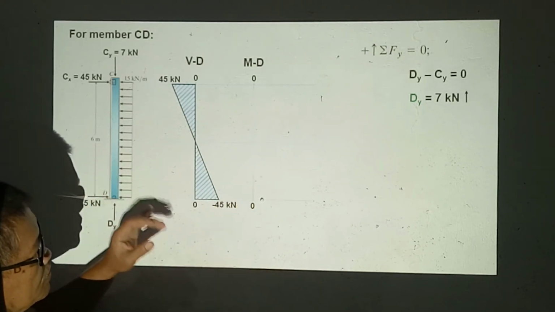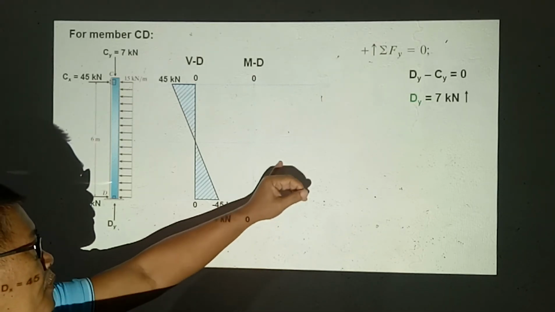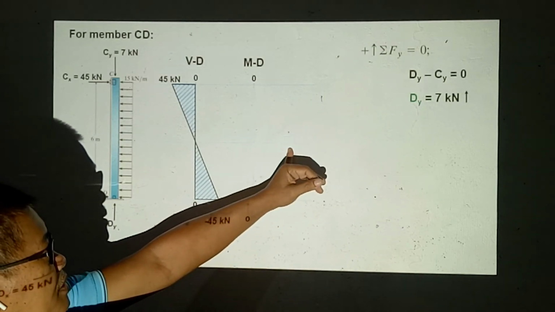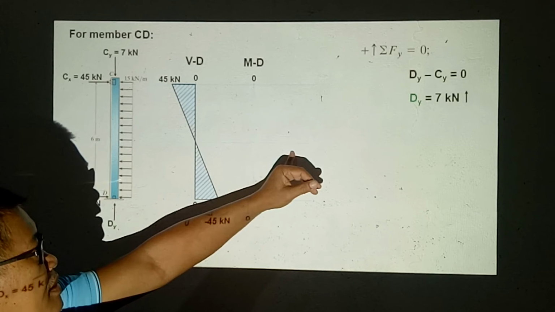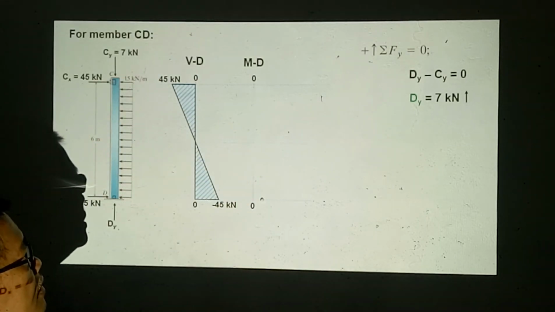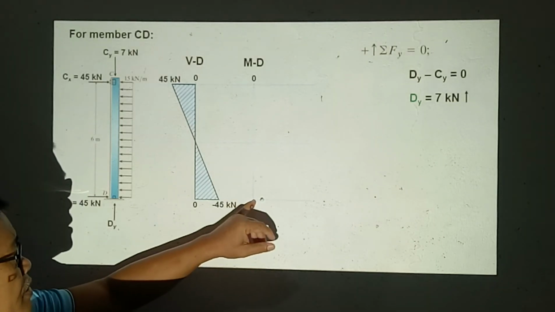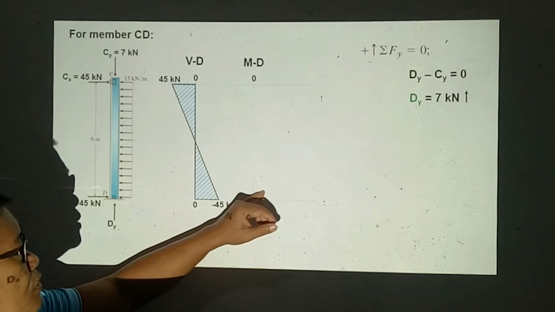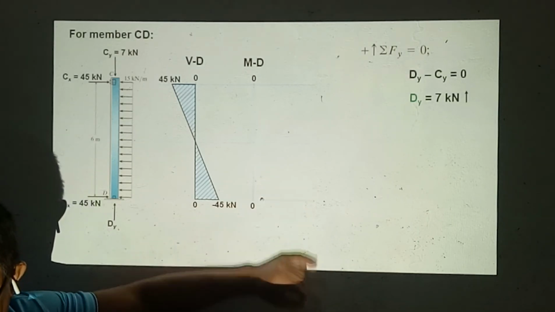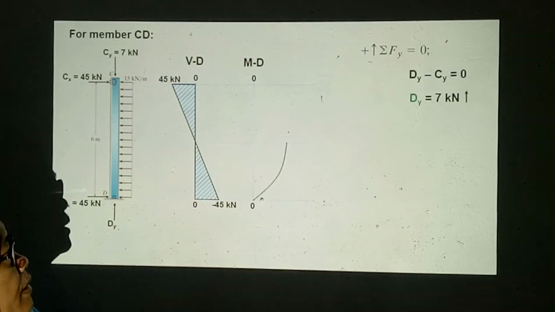So the slope goes from maximum slope to zero at the center. The vertical line is zero slope, because again we rotate the column 90 degrees clockwise. So starting from zero here, it's maximum slope, and then goes to zero slope. And this is our moment diagram.